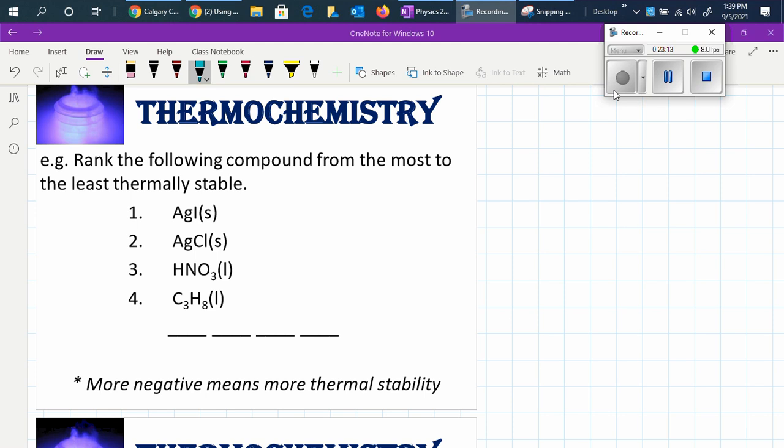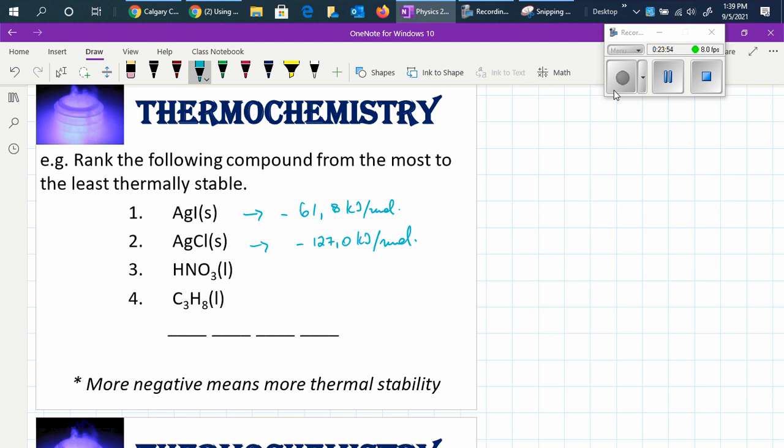So on the first one, we have silver iodide, the molar enthalpy of formation is negative 61.8 kilojoules. And the next one is silver chloride, which is negative 127.0 kilojoules per mole.